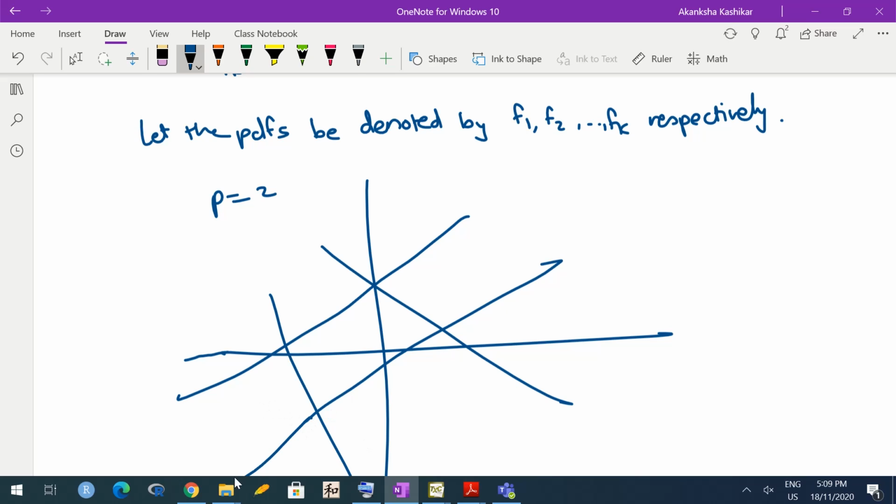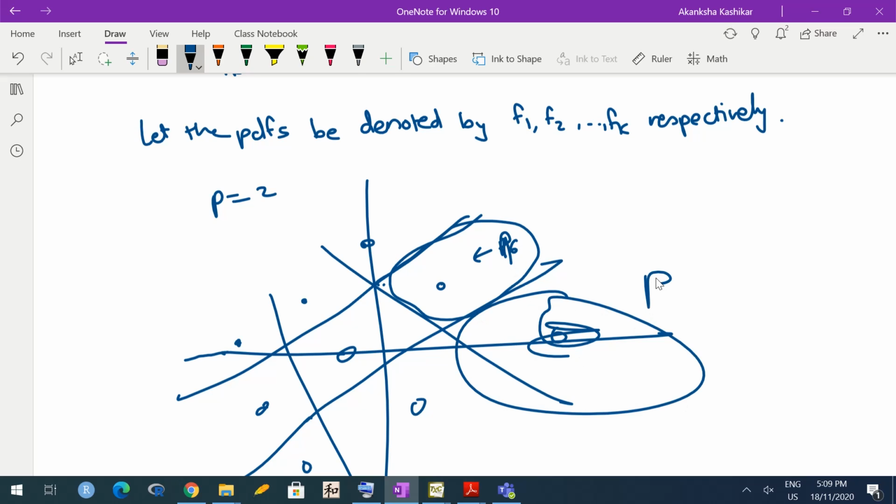Everything here is in one population, everything here is in another population, and so on. Suppose we are dividing the entire space into 9 possible sets, and if an observation lies in this particular set, we allot it to, say, population 6. If an observation lies in this set, we allot it to population 9, and so on.